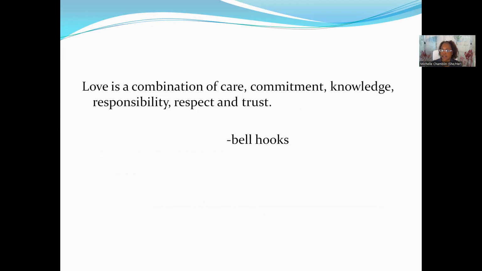bell hooks, another education theorist, philosopher, important person. If you've never read her work, please take a look at some of her stuff. She said, love is a combination of care, commitment, knowledge, responsibility, respect, and trust.